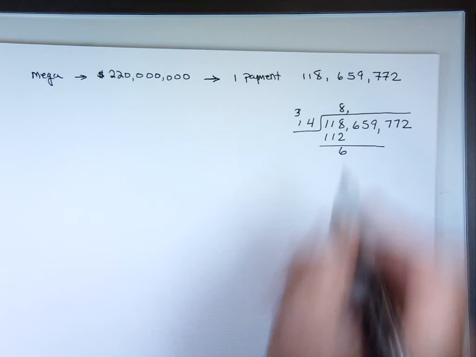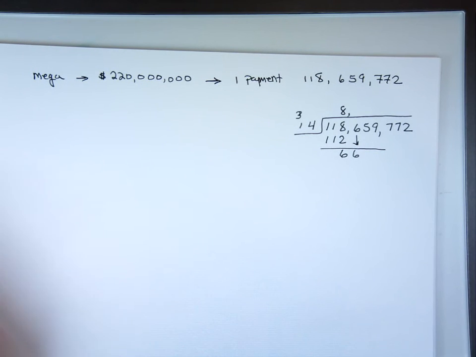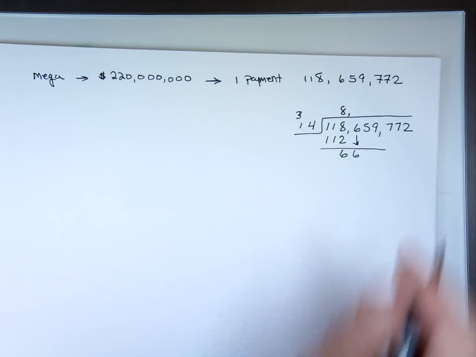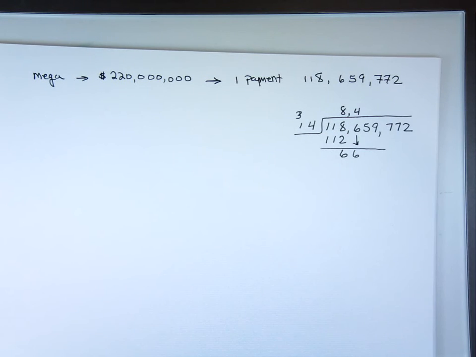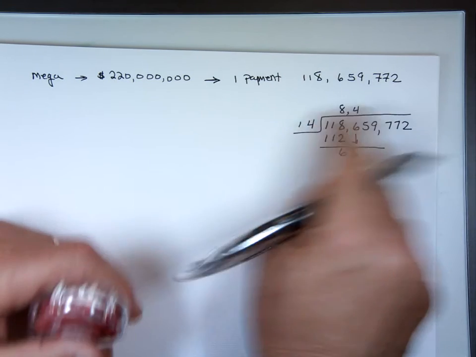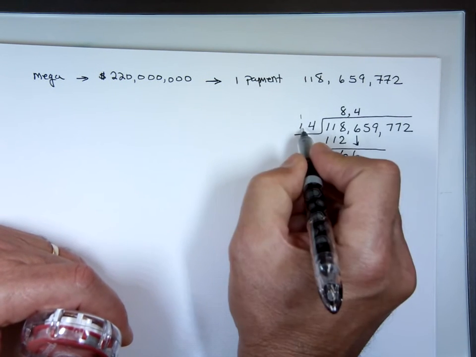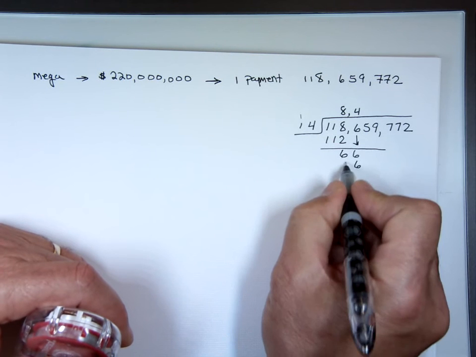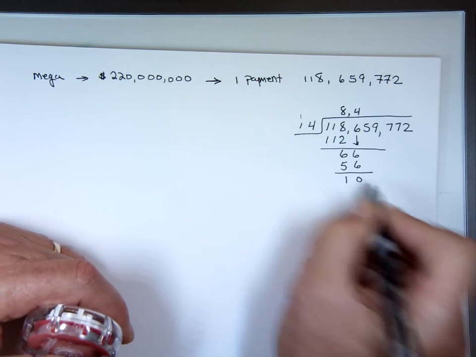Now you bring that number down. So what is that number? 4? Okay. So now let's do the multiplication again. What's 4 times 4? 16. 6 carry 1. What's 4 times 1? 4 and 1, 5. What's the remainder now? 10.